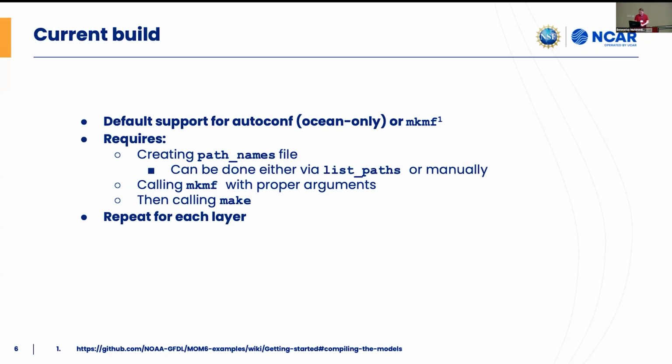The other option is their MKMF, or makefile system. It's not a super long process, but there are a couple of things you have to do first. You have to create a text file with all the paths you want to compile. They have some utilities to do that for you, or you can do it manually. You then call their makefile utility with the proper arguments, and then you can finally call make. But you have to do that for every single layer. So in this case, for MOM, we have to do that three times.